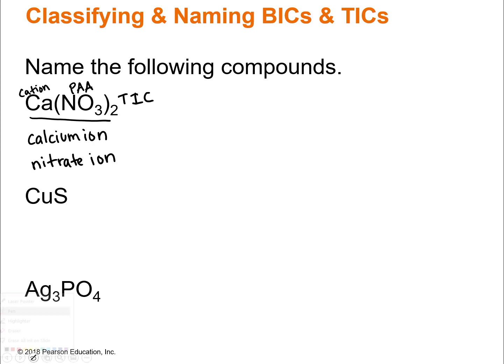We named both of our ions. We get rid of the word ion from both of them. And we have calcium nitrate. That's a simple example. Now let's do another example where we have to figure out charge.